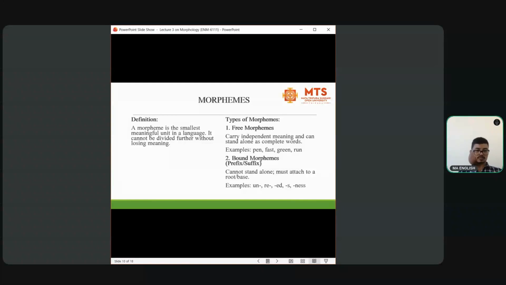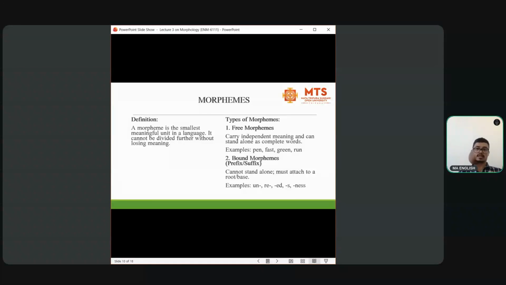When you see something like un-, -ness, or -s, remember these are all bound morphemes. See, this un- has to be attached to a base, like happy, unhappy. The prefix re- has to be attached to another base, like rewrite, redo, something like that, right?